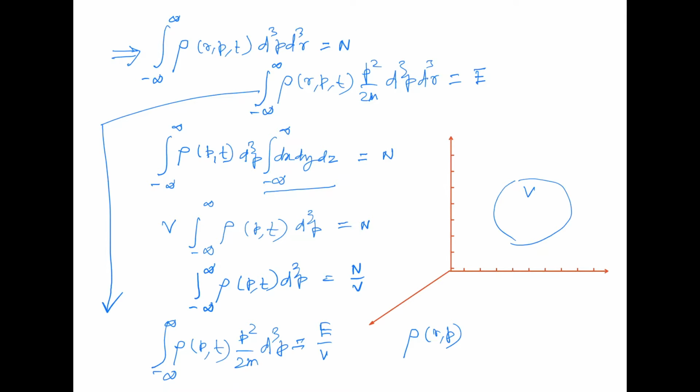Now we will try to find the equilibrium distribution, or distribution function, when the system has reached equilibrium, and we will also try to deduce the thermodynamics of the ideal gas from this.